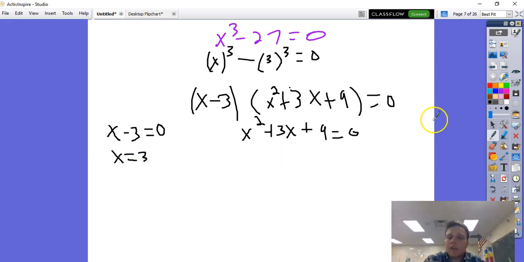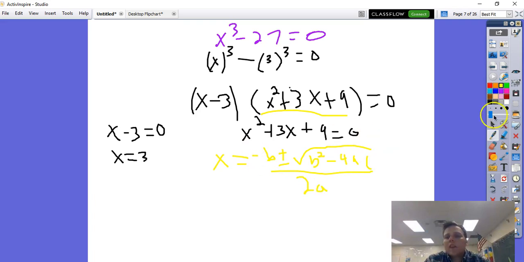However, if you remember correctly, I told you guys that x squared plus 3x plus 9 was the quadratic piece from factoring a difference of cubes, which means it's never factorable. So I can't use tic-tac-toe on this. Instead, I have to use the quadratic formula, which is x equals negative b plus or minus the square root of b squared minus 4ac, all divided by 2a.